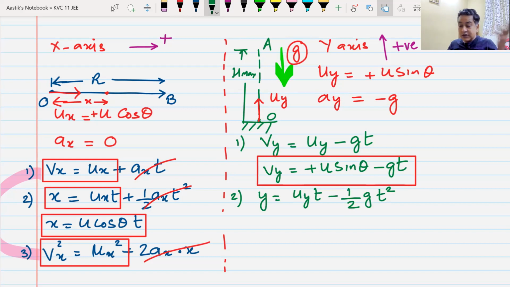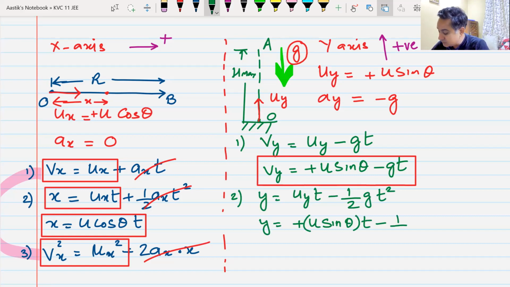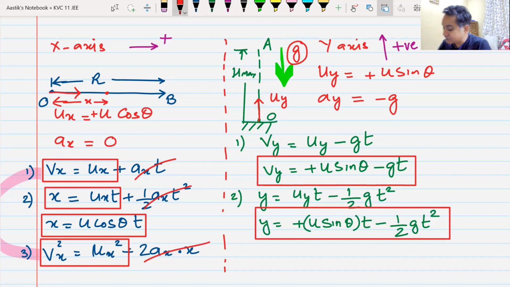I can put the value of uy, so it will become plus u sin theta into t minus half g t square. That becomes your second equation. From this equation, you can find out the value of the displacement along y-axis.